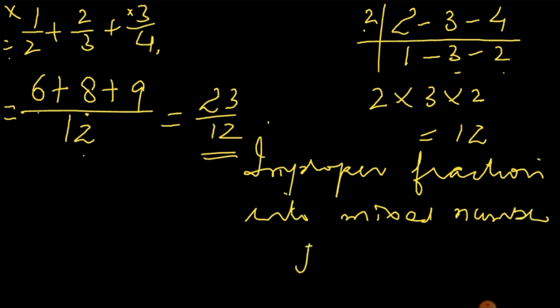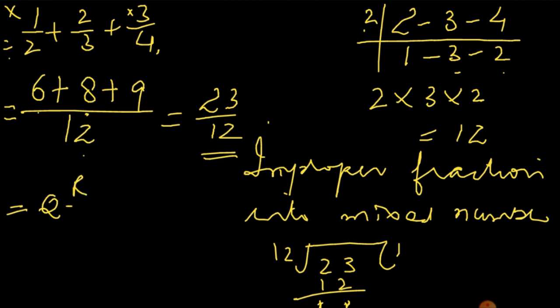We know this method, how to convert an improper fraction into a mixed fraction. We can do it by the division method. Now 12 ones are 12, 12 twos are 24. So 24 is greater than 23. Let us divide by 12. So the remainder is 11. So how do we write this as a mixed number? Quotient, remainder upon divisor.